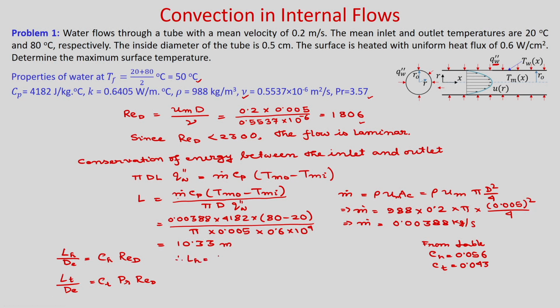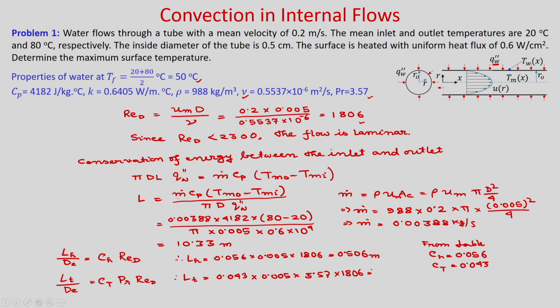So, LH will be Ch 0.056 into D 0.005, Reynolds number 1806. So, it will be 0.506 meter and LT will be Ct is 0.043 into 0.005, Prandtl number is 3.57, Reynolds number is 1806.